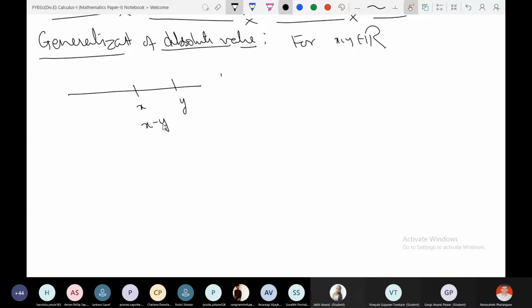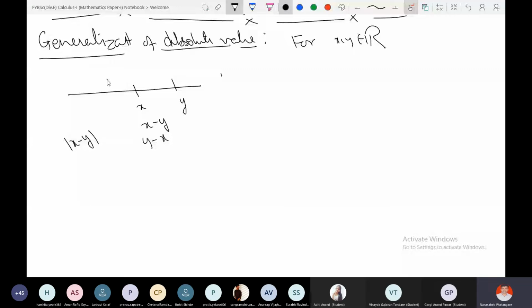Negative, right? But y minus x is positive. But if I take absolute value of x minus y, then it doesn't matter which is greater and which is smaller.